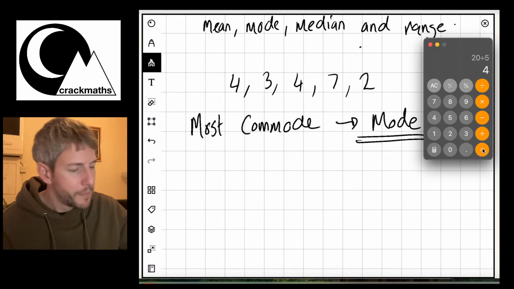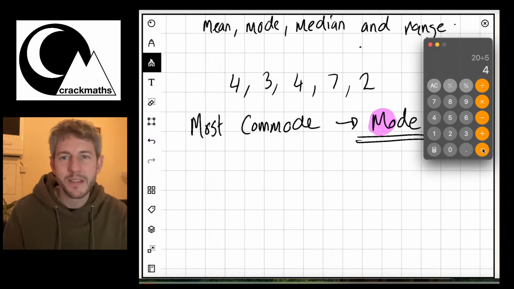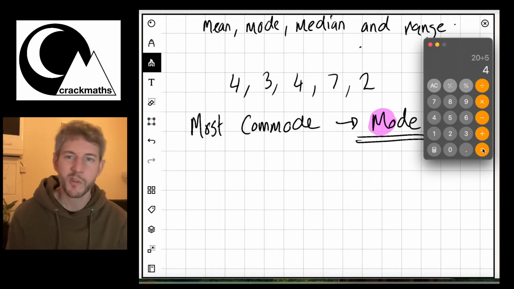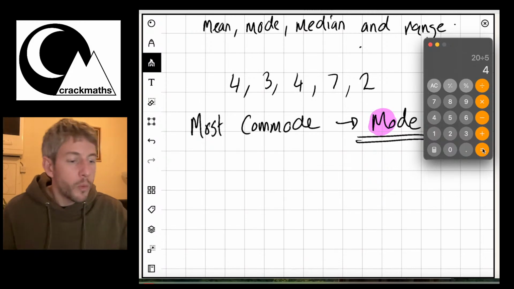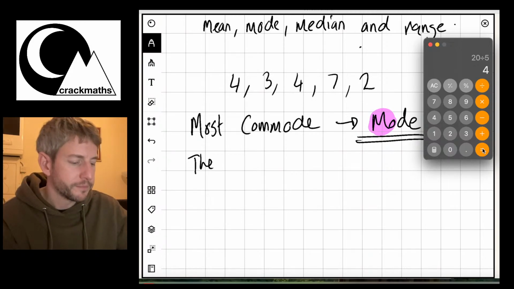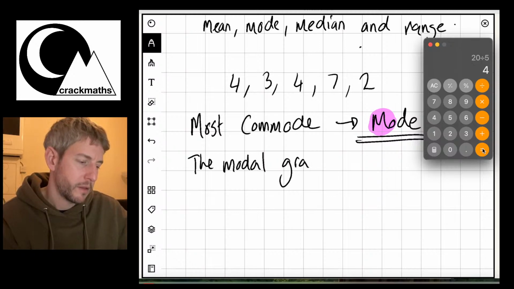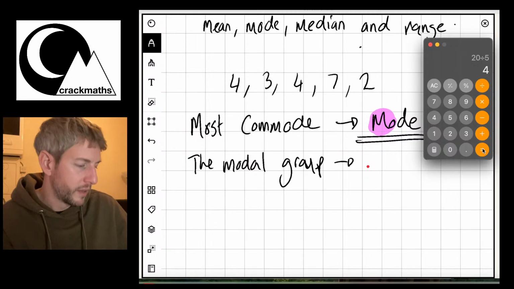People try to remember it by thinking of MO as, so MO is like most, mode, most, mode, most. I don't know. It sometimes works. We can also hear the mode referred to as the modal group, and the modal group is when a group is most popular.